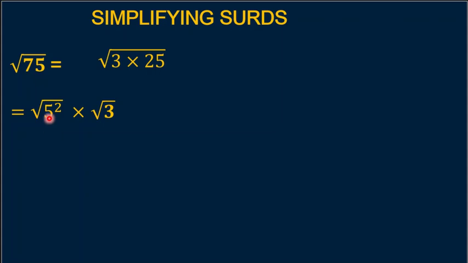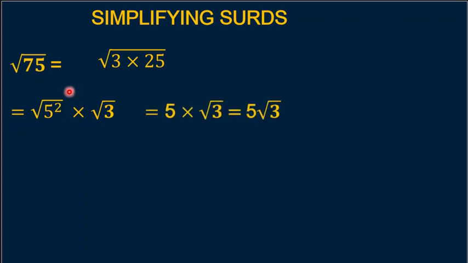Now the square root of 5 squared will be 5 because, like we learned in the previous lesson, the square root is a number to the power half. So 2 times half gives us 1. So we get just 5 times the square root of 3. 3 can't be reduced in any other form, and so we keep it.